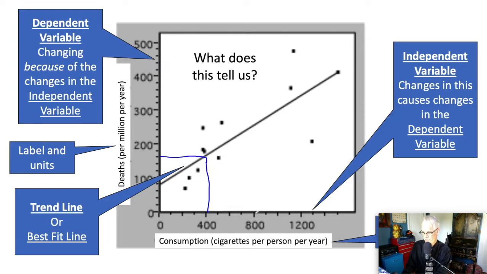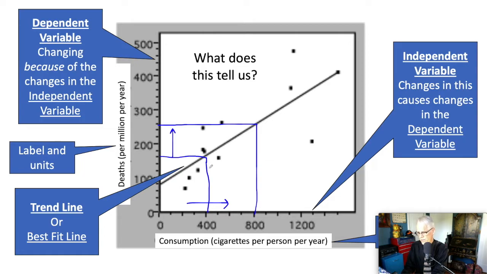If we increase the consumption here, what happens to the deaths? Well, it goes up. It goes up to 200, 220, 240, probably about 260 or so. So as consumption gets bigger, deaths get bigger. There, we've been able to tell a story.